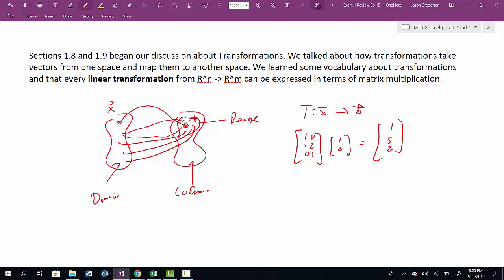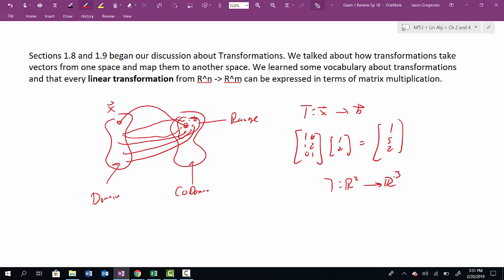So my domain is going to be R2 here. My codomain is going to be R3. My range is not going to be R3 because I actually can't get everywhere over here. It would just be the linear combinations of these two vectors that I can get to in my range. So this transformation would be a mapping from R2 to R3. Any questions there so far?